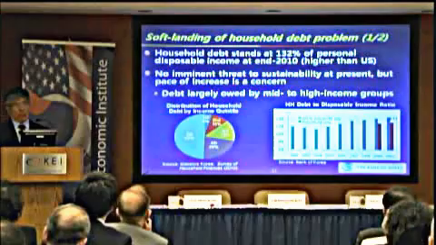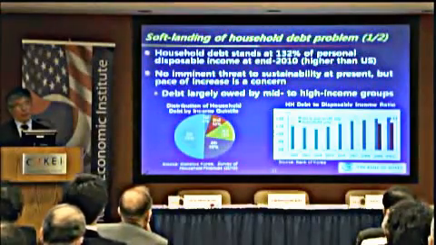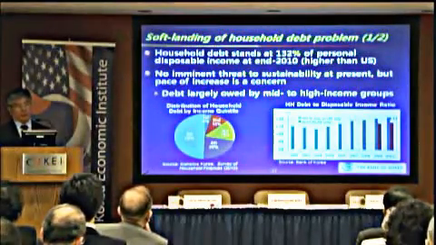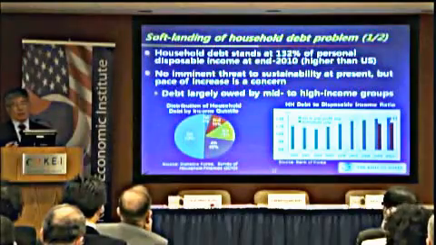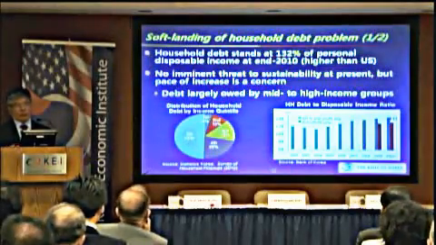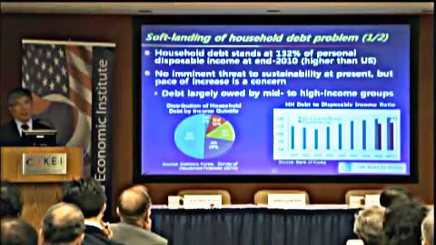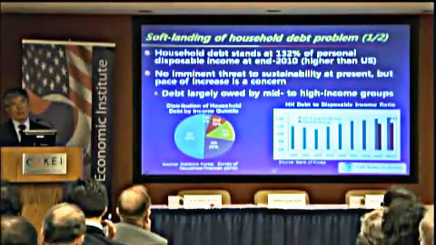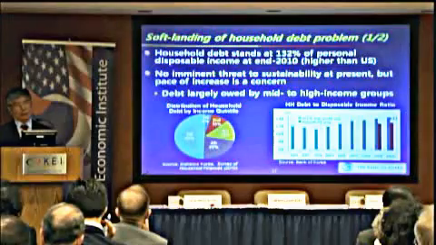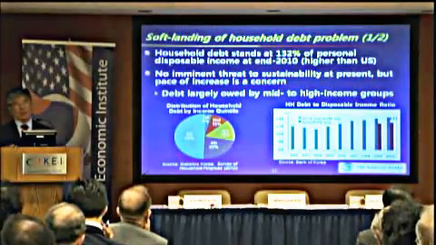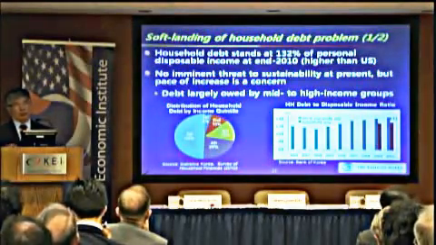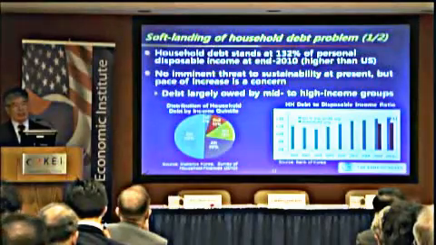And the soft landing of household debt is one of the more critical issues. Our ratio of household debt relative to disposable income amounts to 132%, which is a little higher than that of yours, and probably ranked second in the world after the UK.